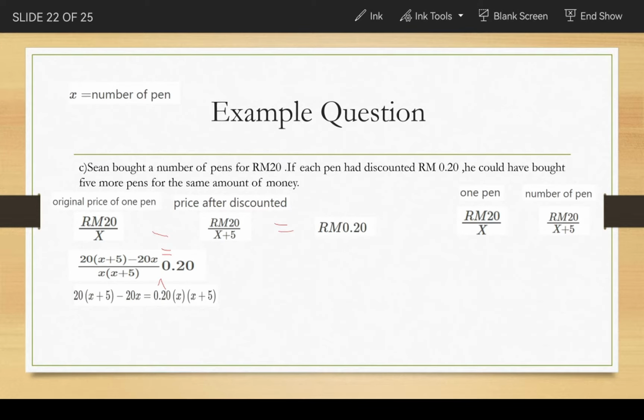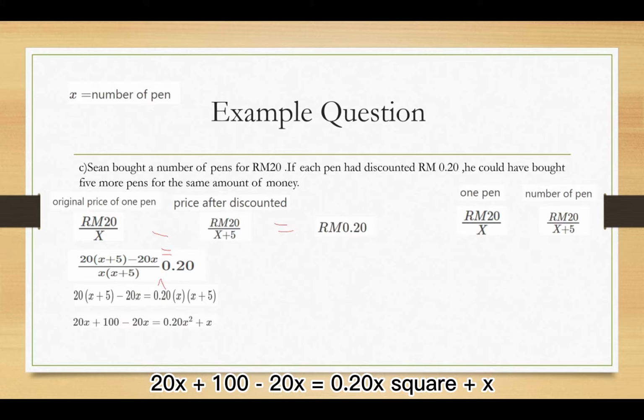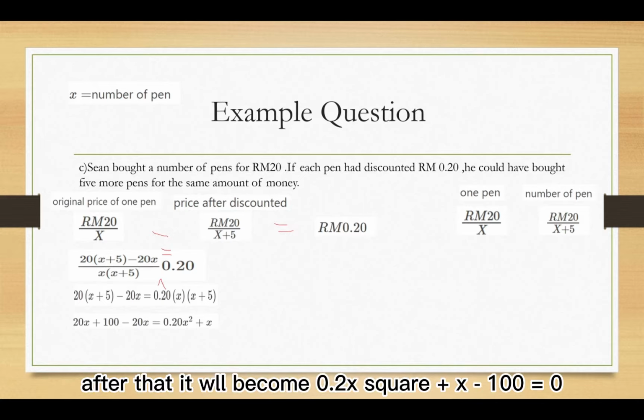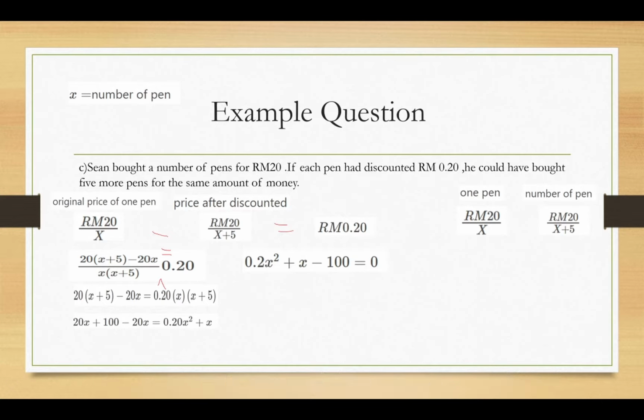So next will be 20x plus 100 minus 20x equal to 20 cent x squared plus x. So now after that it will become 20 cent x squared plus x minus 100 equals to 0. And the final answer will be x squared plus 5x minus 100 equals to 0.